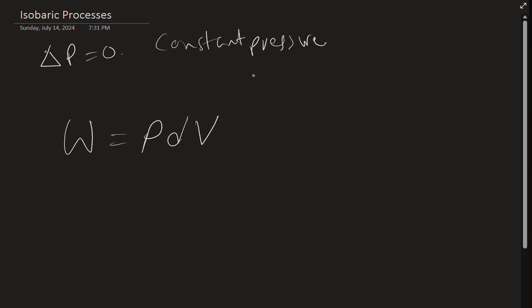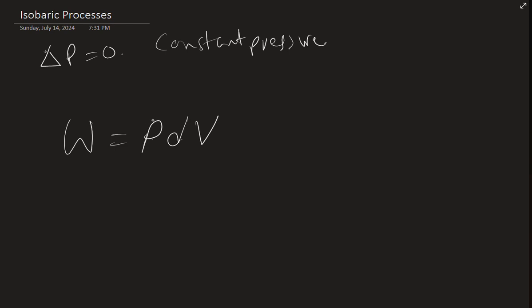constant pressure. And the work done in isobaric process is W is equal to P, which means pressure. Note that this does not mean change of pressure, it just means the pressure that is there. So there will be only one pressure, not P1 and P2, just P. So say the pressure is given at 5 Pascal or 5 bar.